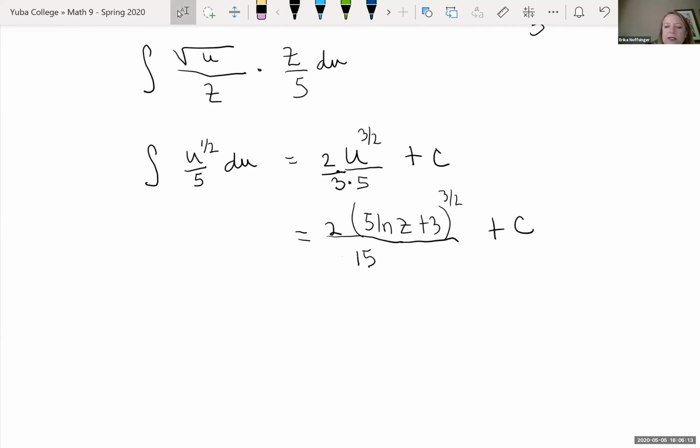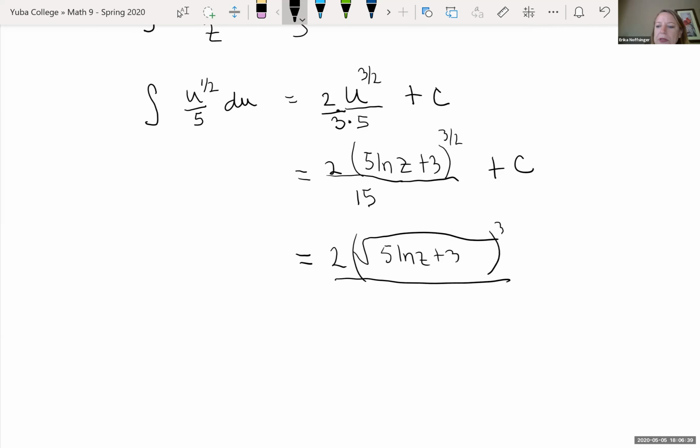This is 2, so the 3/2 power is the square root of what was underneath, 5 natural log of z plus 3. And that cube, you can put it either underneath that radical and cube that whole thing, or we can put it outside of the radical. They will give us the same result. All over 15 plus c.